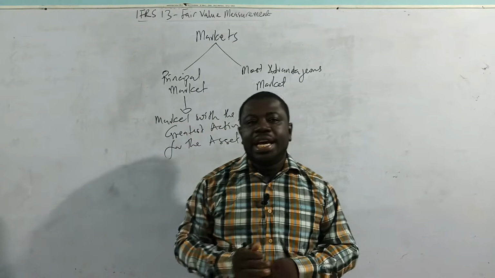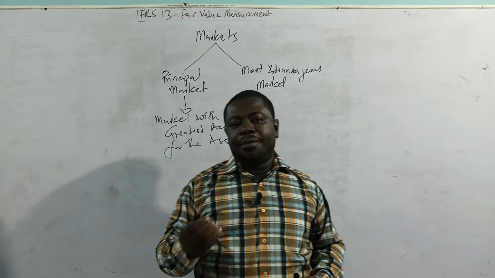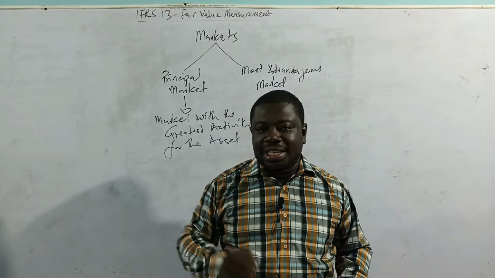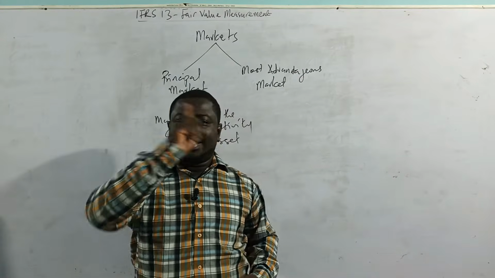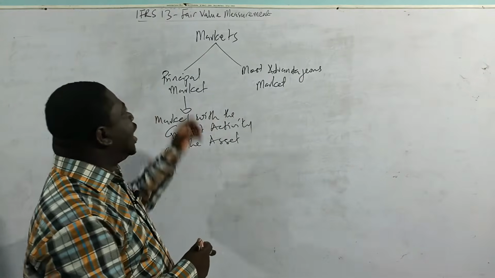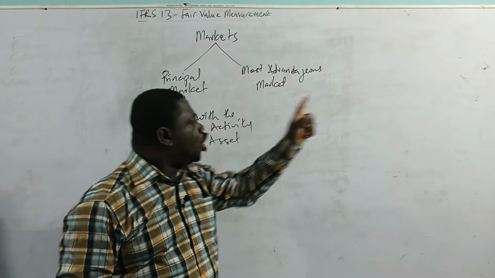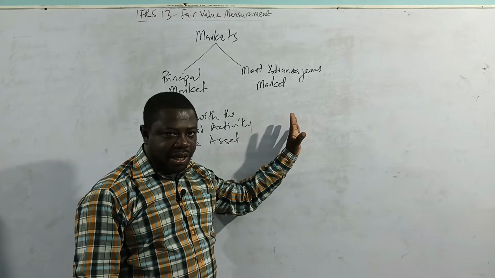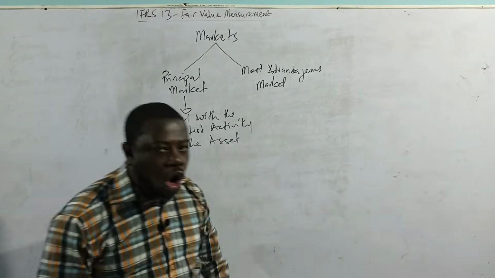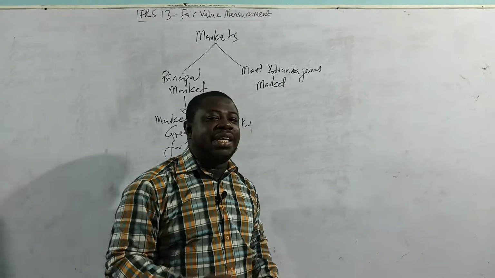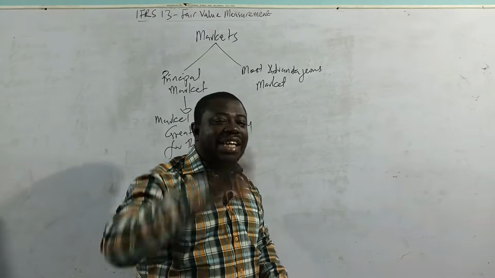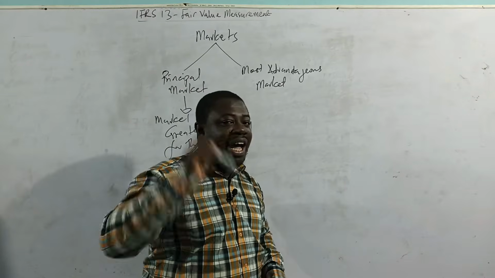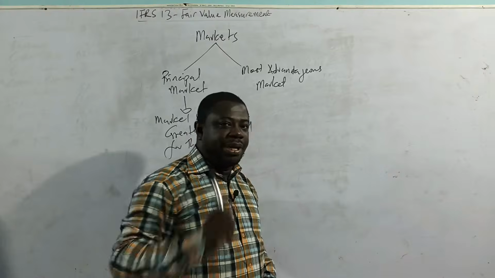So in the valuation of fair value for any asset or liability, the standard IFRS 13 says that the focus should be on the principal market. I'll come to the most advantageous market. The principal market, because it is in the principal market that the greatest activity for that particular asset that you are valuing is being done.